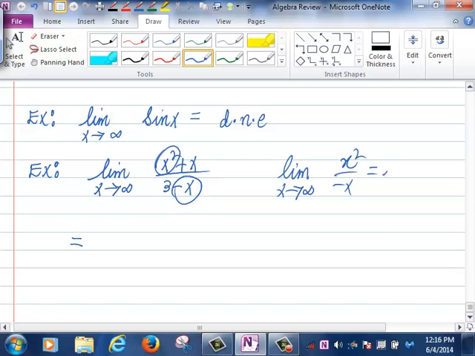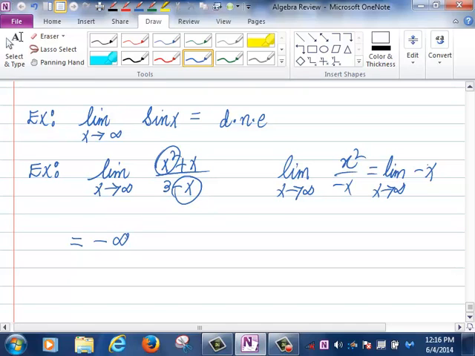That's equal to the limit as x goes to infinity of negative x, right? So this would be negative infinity. Am I making sense? So this is like a shortcut. Instead of factoring out x squared, if you factor out x here and do this problem that way, you will still get the answer to be negative infinity.